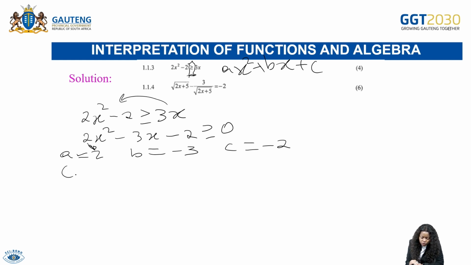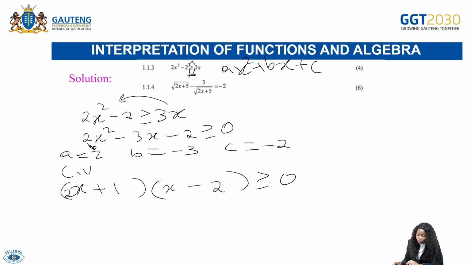So for the critical values, you can just factorize, or you can also use the quadratic formula. So I'll get 2x plus 1, and then x minus 2. Let me just double check my answer.